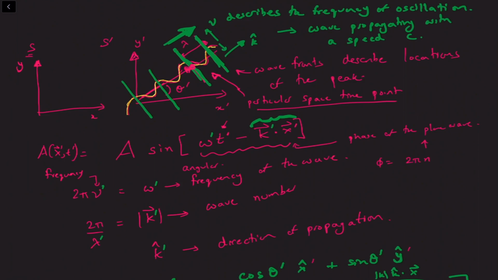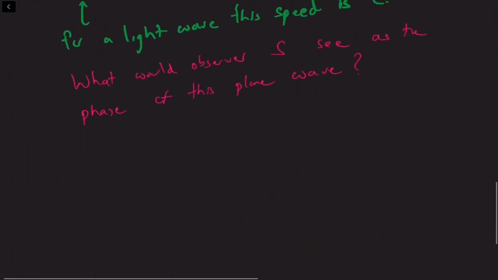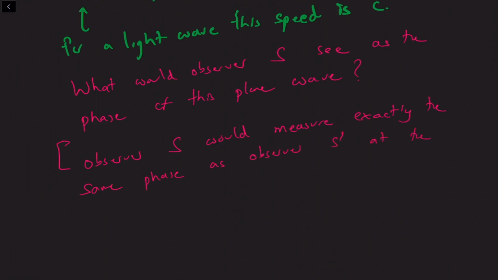Okay, so let's now answer this question. What would observer S see as the phase of this plane wave? So observer S would measure exactly the same phase as observer S prime at the same space-time point.